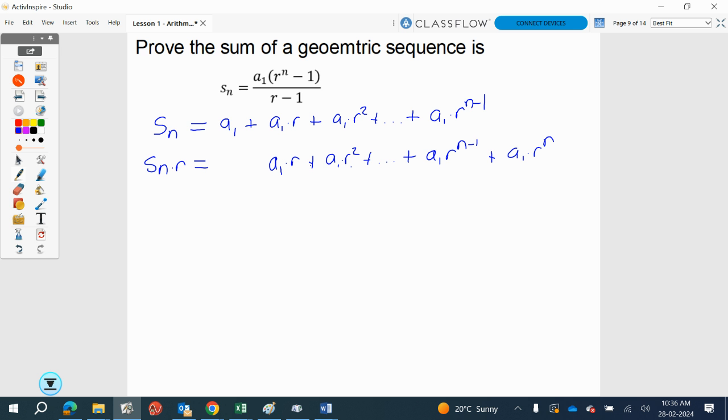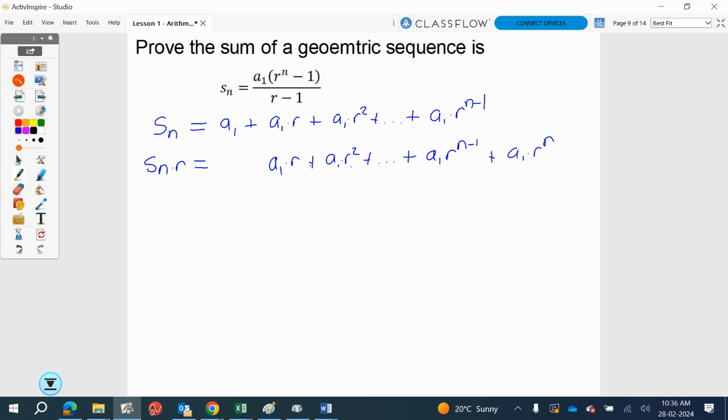Notice how when I multiply by R, each term in the sequence moves one space to the right. The first term becomes the same as the second, which becomes the same as the third, the fourth, the penultimate becomes the same as the ultimate, and the ultimate moves out beyond the end.